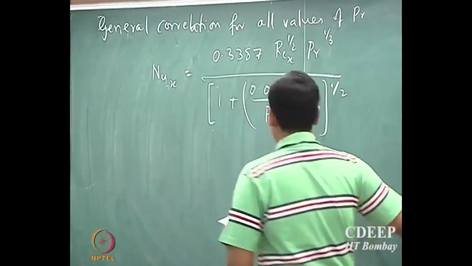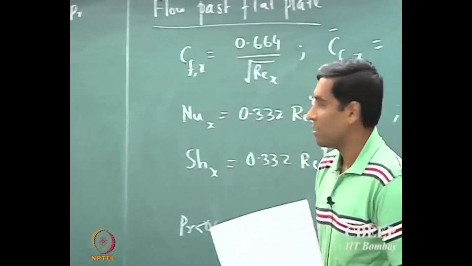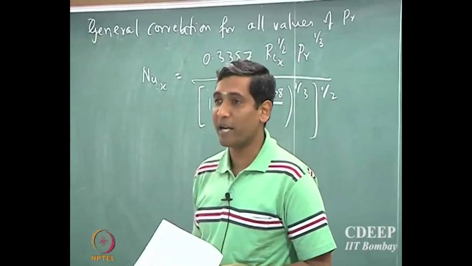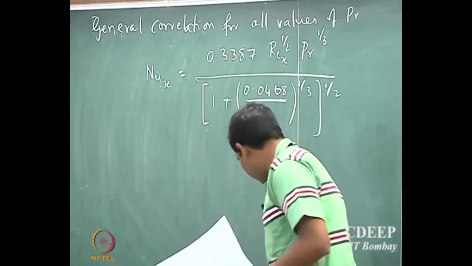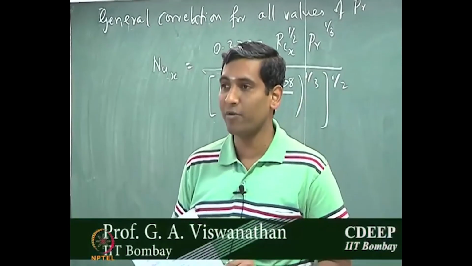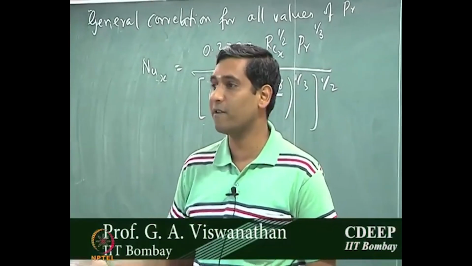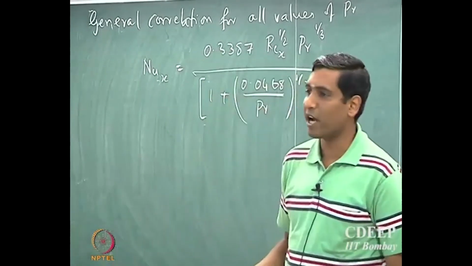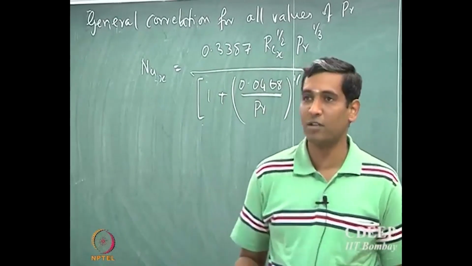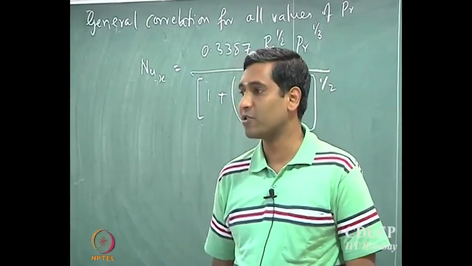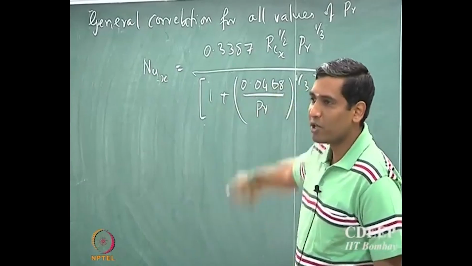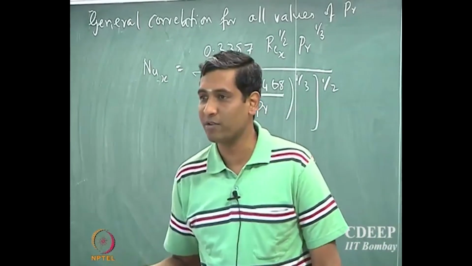So if you want to use correlations for any range of Prandtl number, this becomes important particularly when you have fluids which are moving, or when you have multi-phase systems where different fluids are moving, then you have a different kind of problem, and so you need to have an effective Prandtl number which is based on the effective properties of these two fluids, and so in those cases you will have different ranges of Prandtl number, and so it's important to have a general correlation which works.